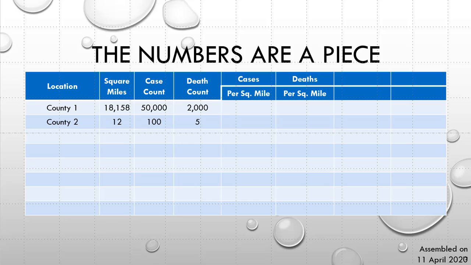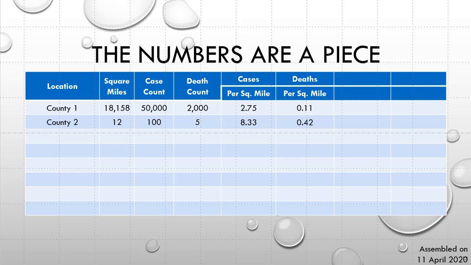So using this table, if I said look at the population density, you would come up with numbers like this, where the cases per square mile in County 1 is 2.75, but County 2 is a much higher number at 8.33. And the deaths are radically different in that there's deaths per square mile of 0.11 in County 1 and 0.42 in County 2.